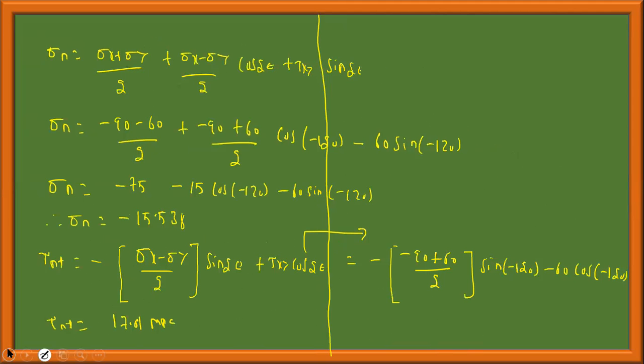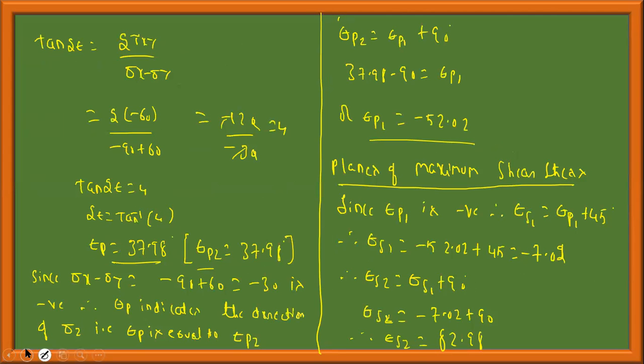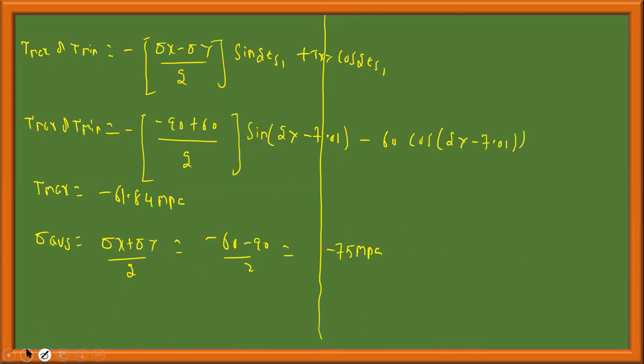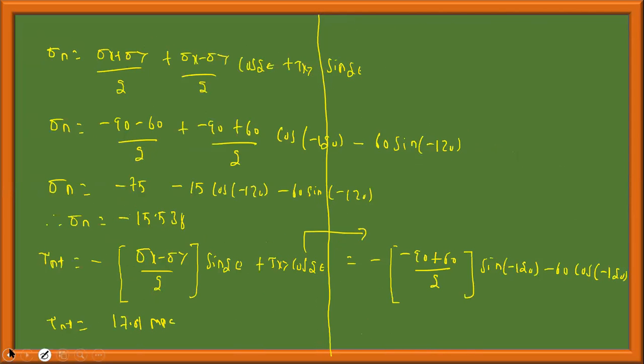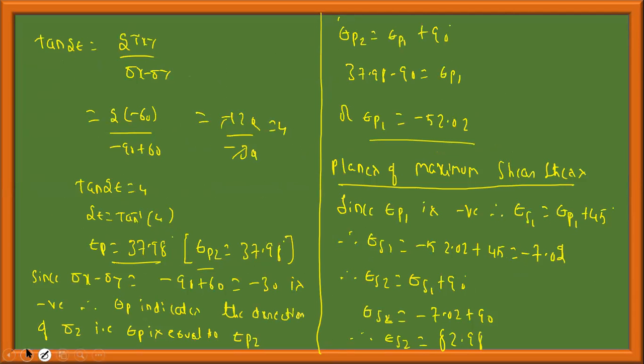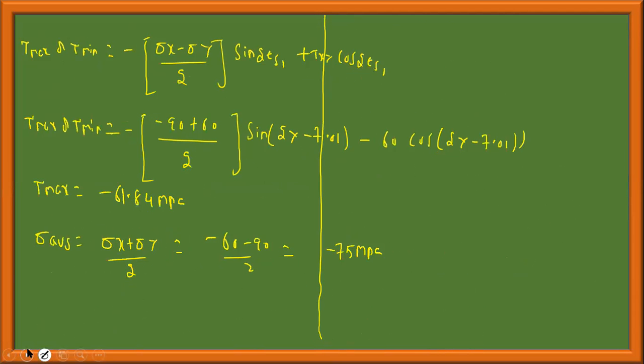Sigma 1 we have not found. Sigma normal, sigma tangent should have been found. Sigma 1 I have left. Let me write it here. You just see sigma 1.